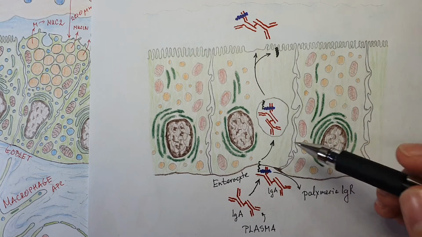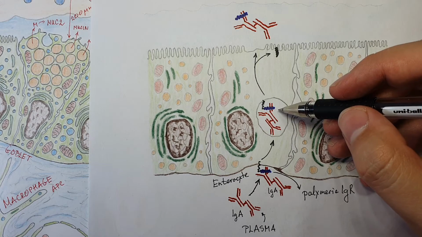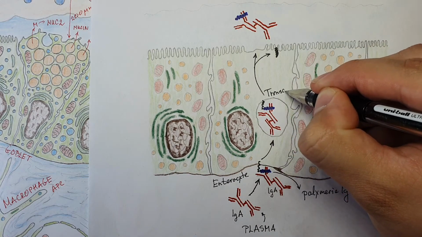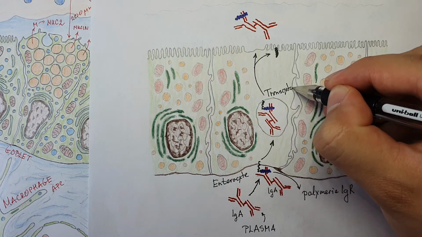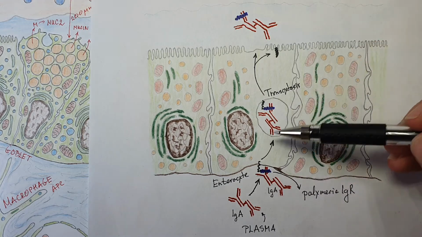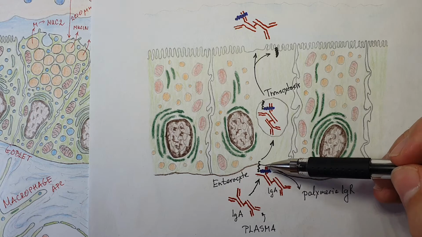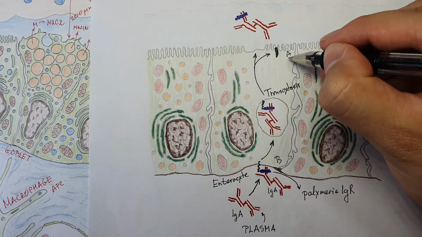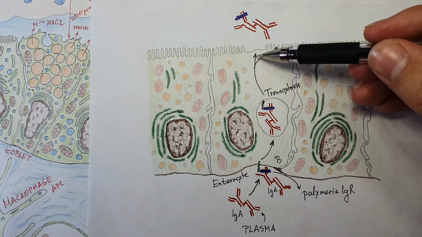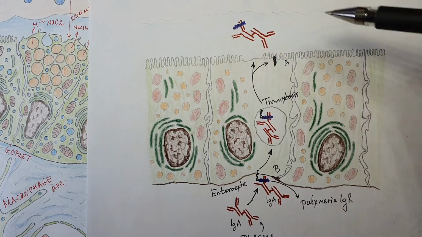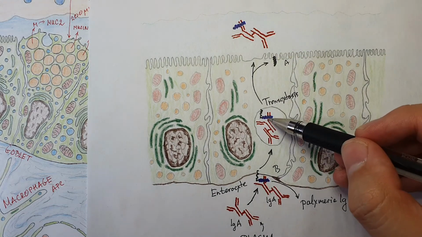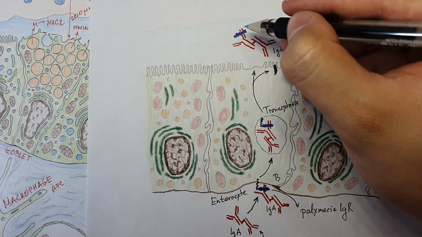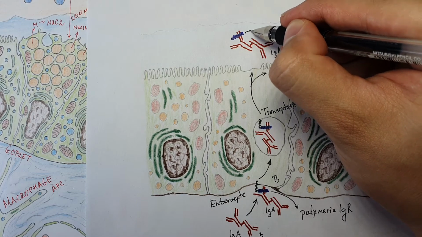So polymeric IgR. When the immunoglobulin A connects with this protein, they internalize into the cell. Endocytosis is happening, and then with transcytosis they are transported from the basal part of the enterocyte to the apical part, and then they are secreted. But before the secretion, the protein is split, so this would be the secreted IgA, and this part of the protein is left on the IgA.